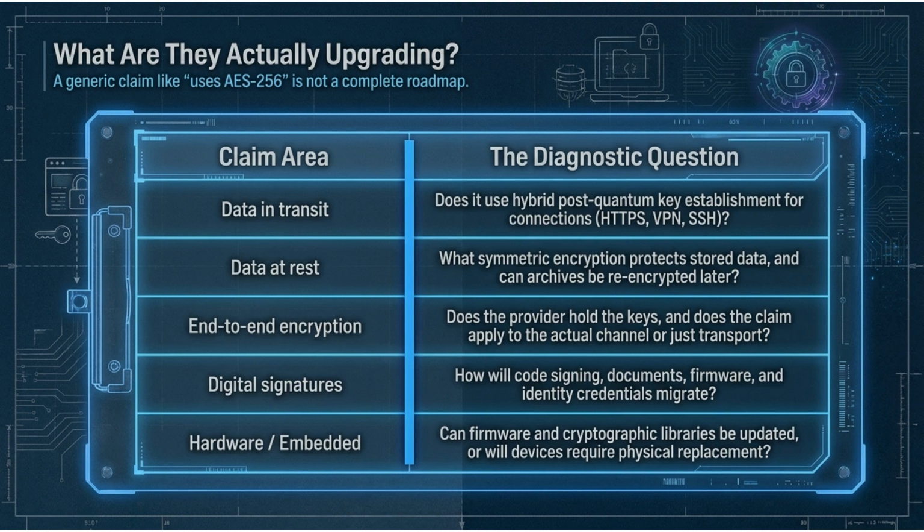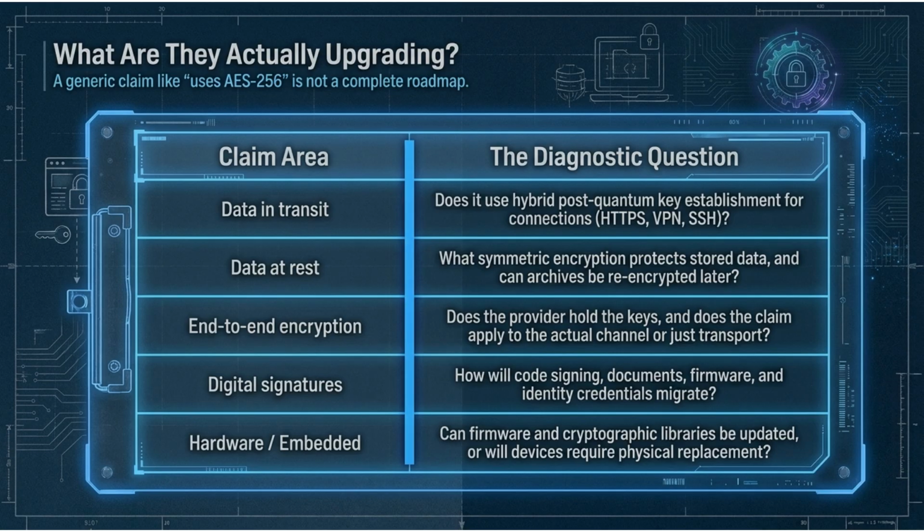To see past the marketing hype, we must ask what a vendor is actually upgrading. A generic claim, such as "uses Advanced Encryption Standard 256," is not a complete post-quantum roadmap. It does not explain how the product establishes keys, signs software updates, or handles digital certificates. Instead, use these diagnostic questions.